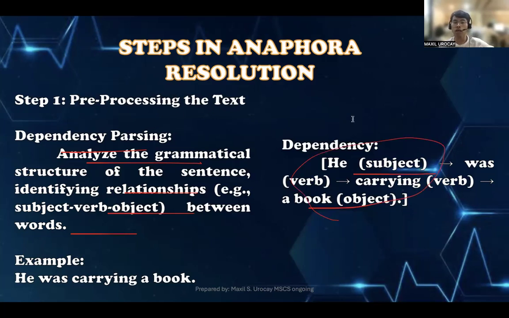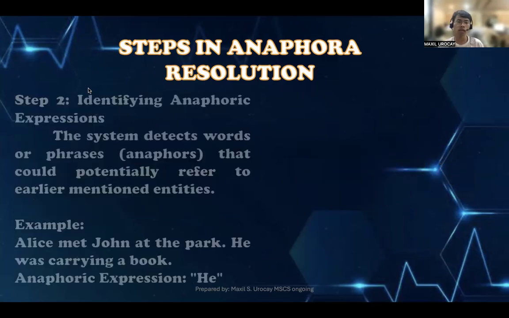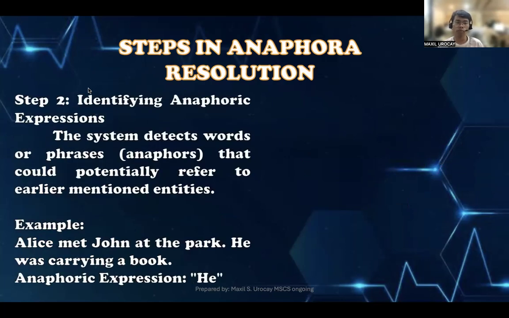If you can see, the first step in anaphora resolution is really pre-processing the text, and we have to make sure that you have the knowledge beforehand. Now, the next step will be identifying anaphoric expressions. The system detects words or phrases, anaphors, that could potentially refer to earlier mentioned entities.